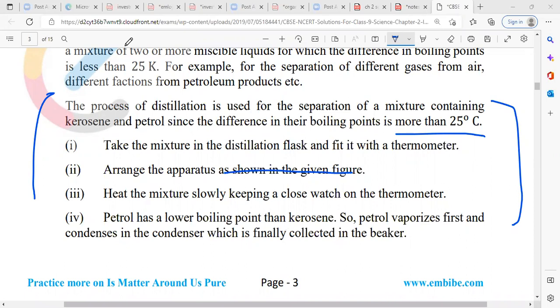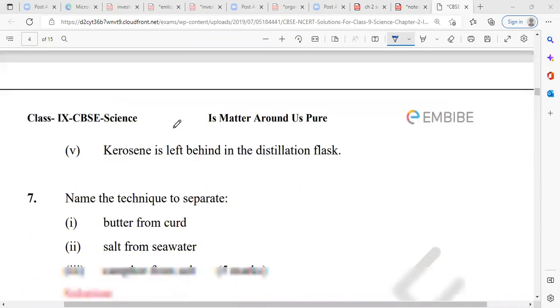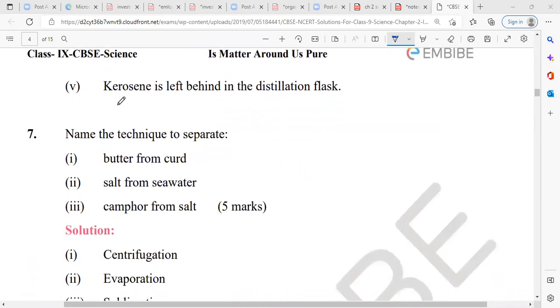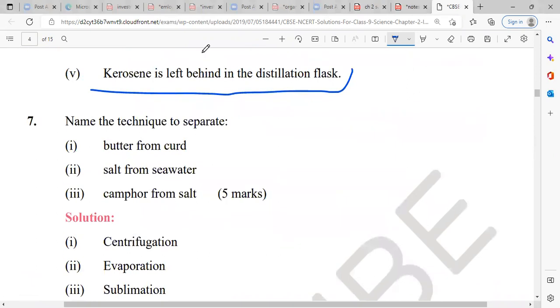Done, ma'am. Okay. Now the next point: kerosene is left behind in the distillation flask. Okay. The seventh question is very, very important.